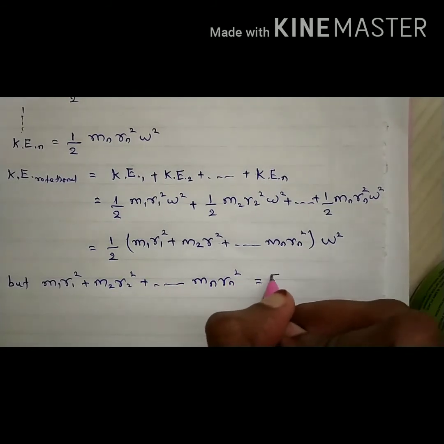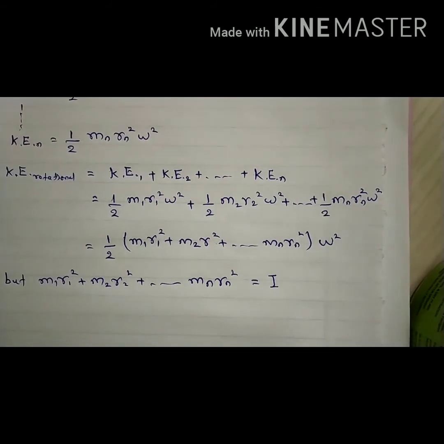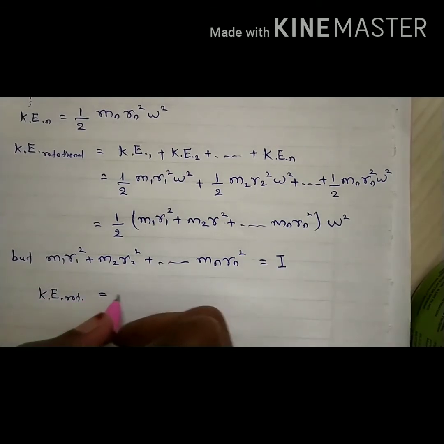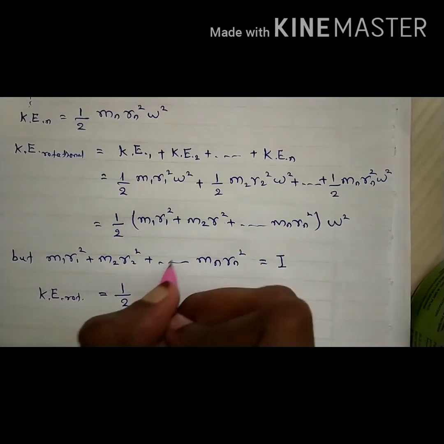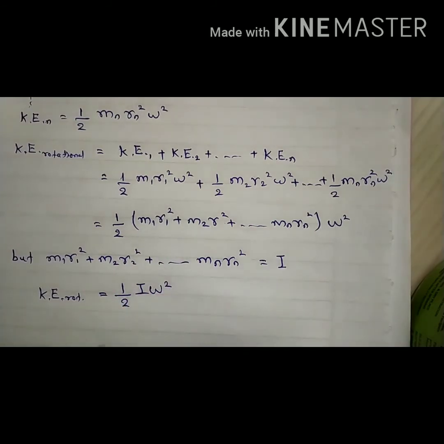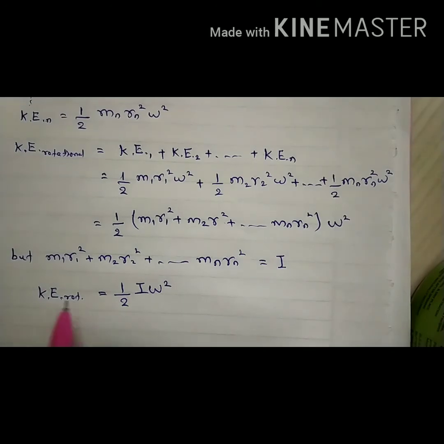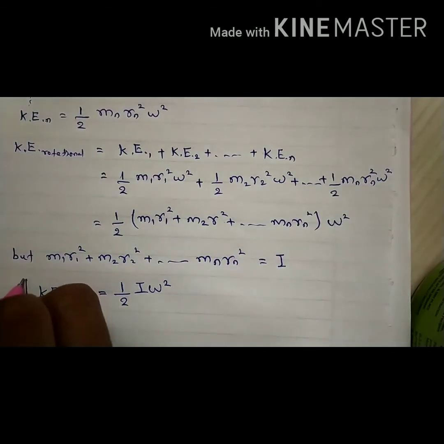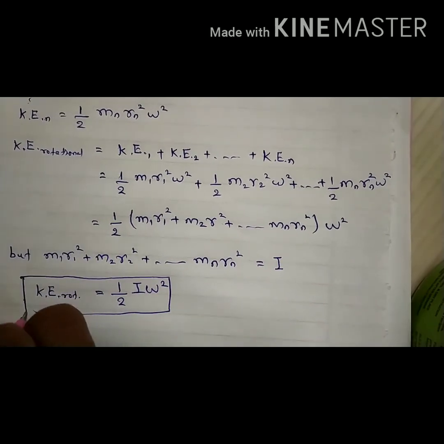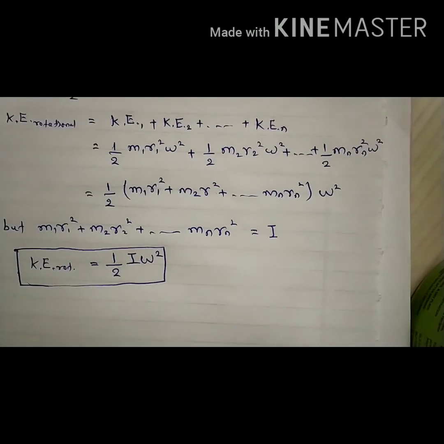This is nothing but moment of inertia I. So put this value here. Rotational kinetic energy is equal to half I omega square. This is nothing but rotational kinetic energy.